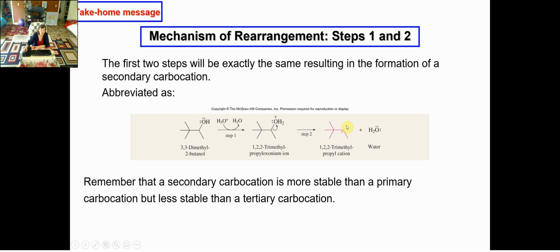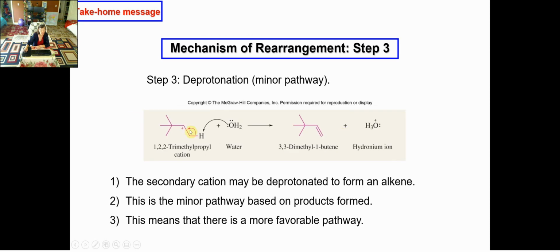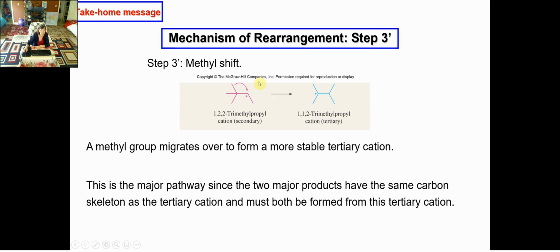This secondary carbocation is going to undergo a movement, a rearrangement. That rearrangement is called a methyl shift. The methyl is going to migrate to this positively charged carbon through a 3-membered ring, and then you form a tertiary carbocation.